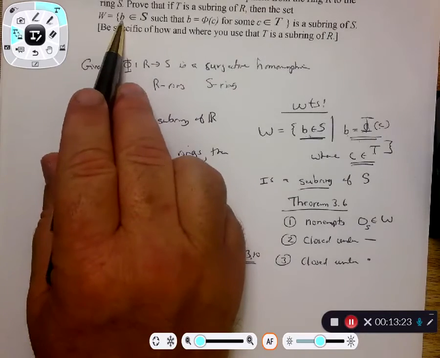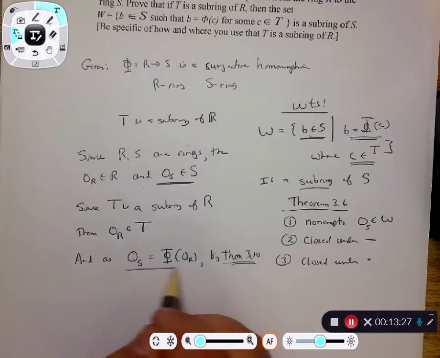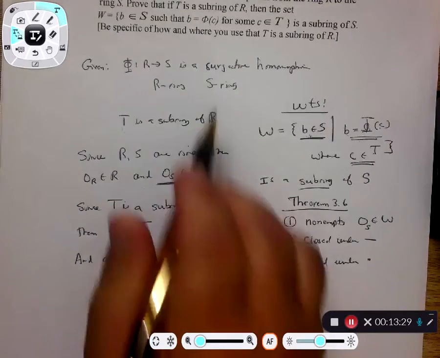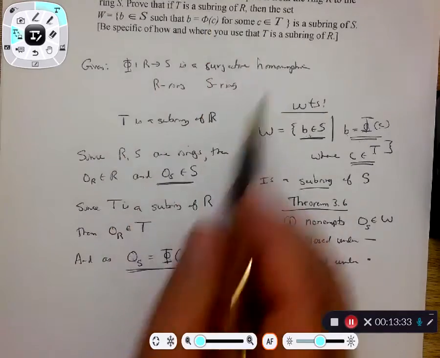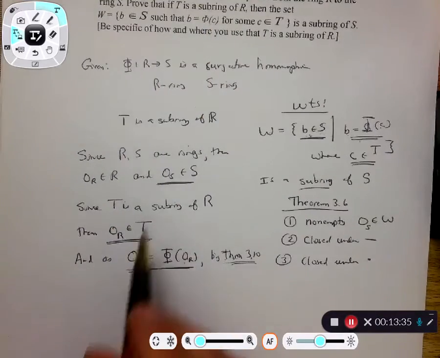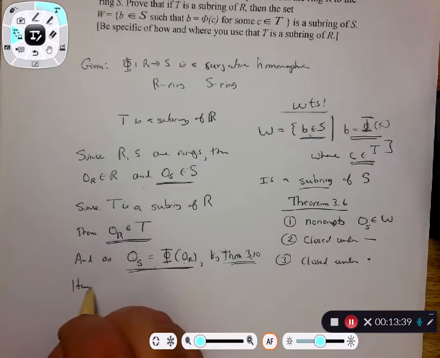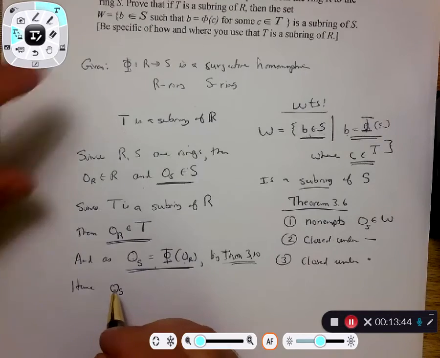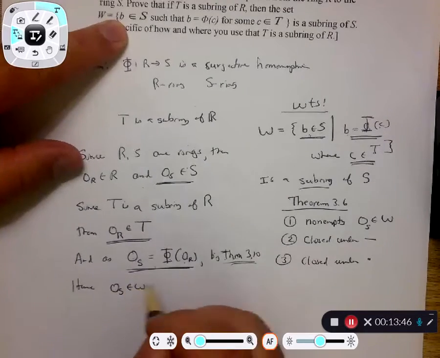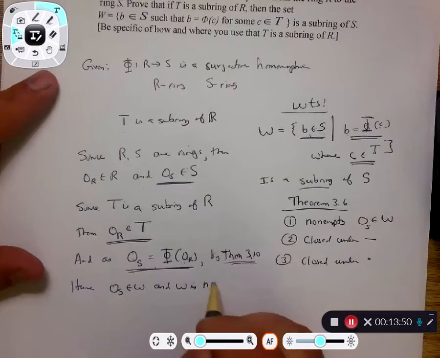That same element, 0_S, has got to be equal to phi of some dude. 0_S is equal to phi of 0_R, and where that some dude inside of the phi must have come from T. 0_R is an element of T. All three things have been satisfied, hence 0_S, pay attention who you're talking about, 0_S is an element of W, and W is non-empty.